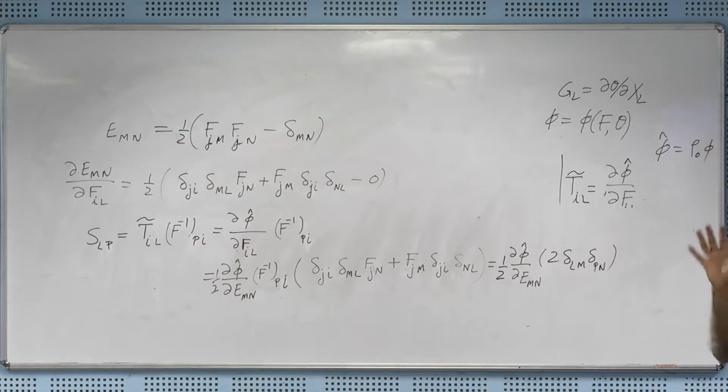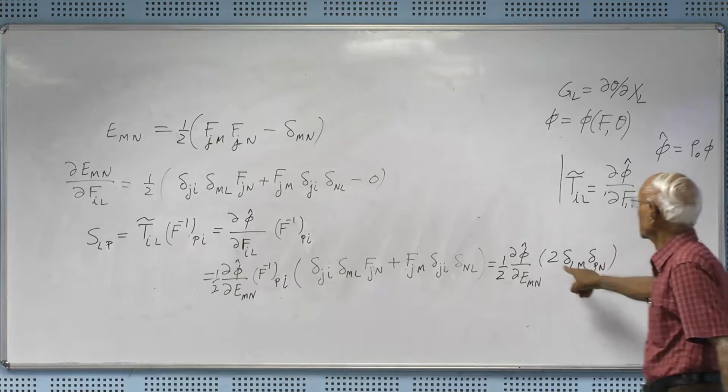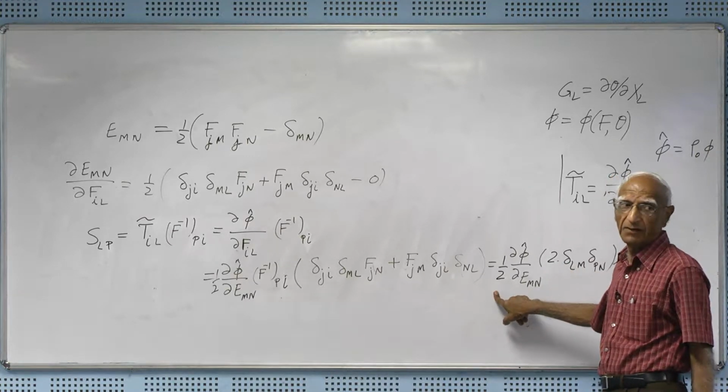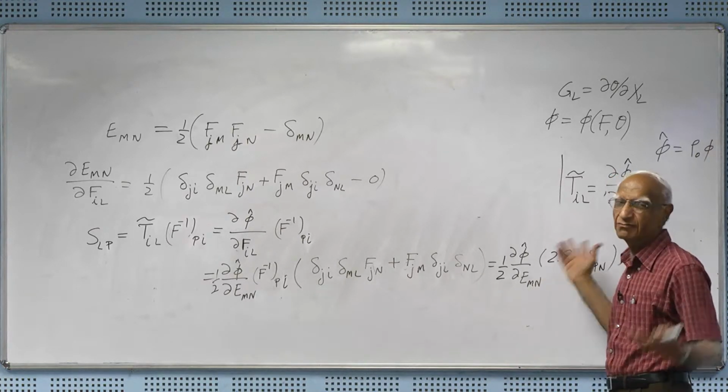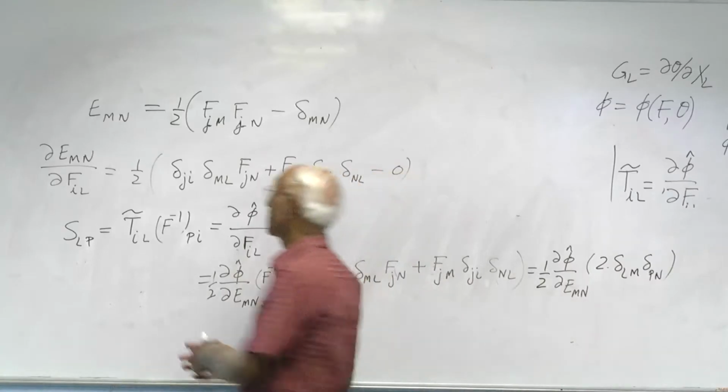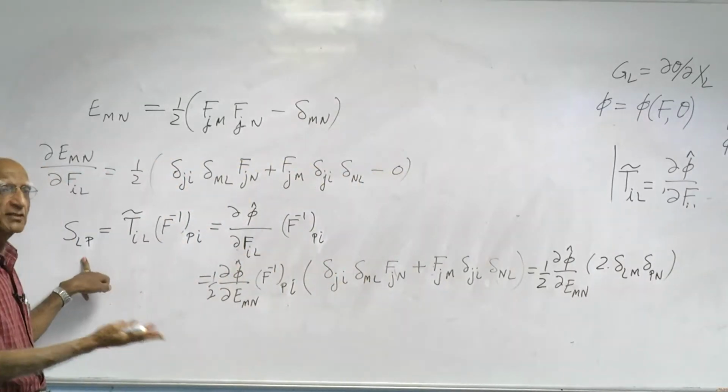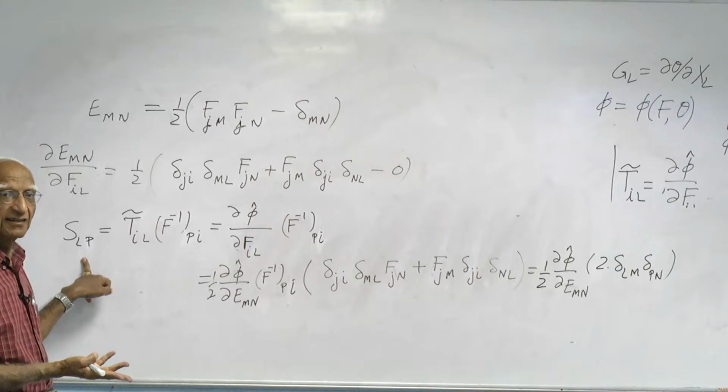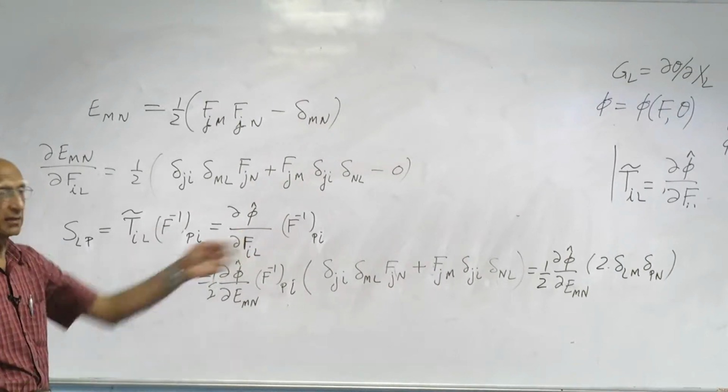I showed you get identity plus identity, so that's two identities. So this 2 cancels with that. The reason I just wrote that is because we are starting with LP, so we must end up with LP, and that's what I did.